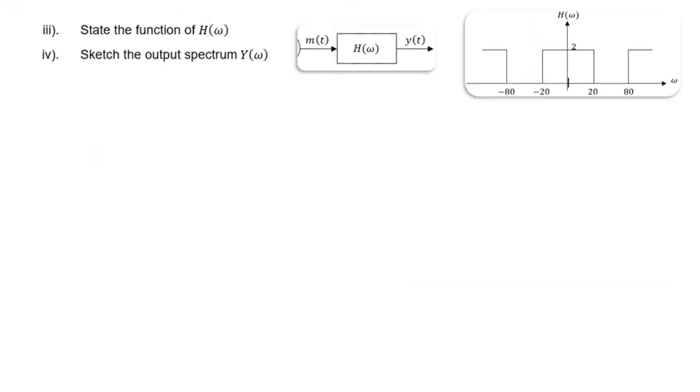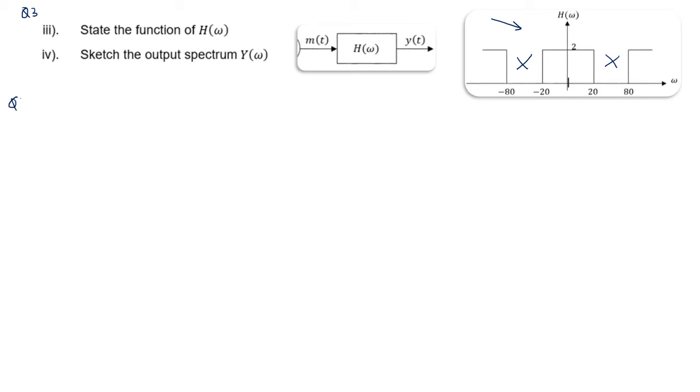Okay, next, question 3 part 3. State the function of H(omega). If you refer to this figure, it is basically a filter. You may notice that certain bands are being selected, and outside the range will be removed.